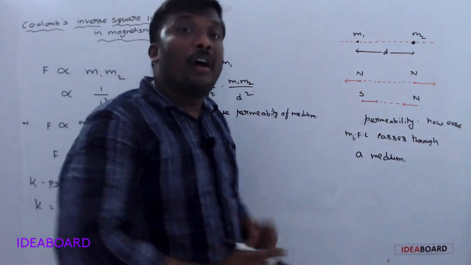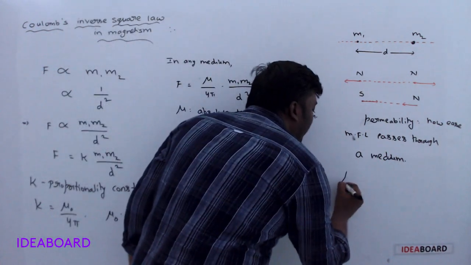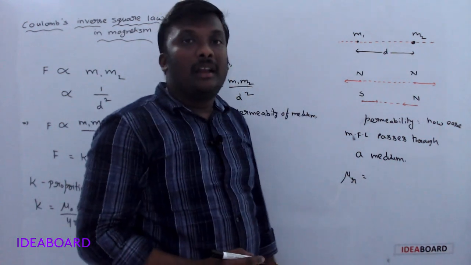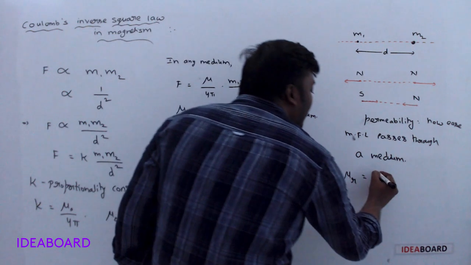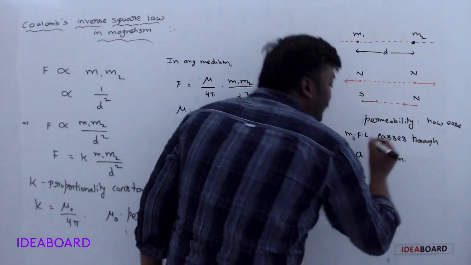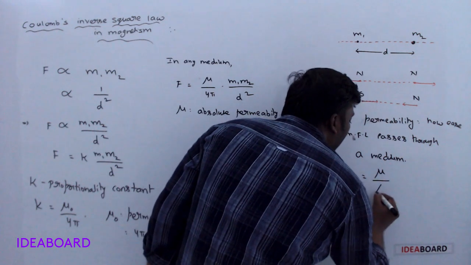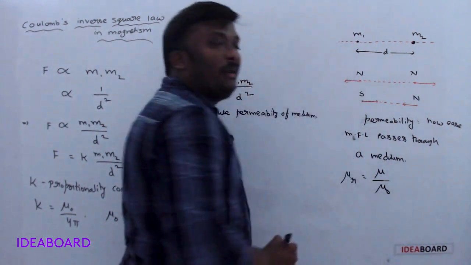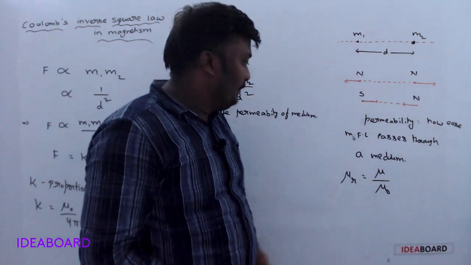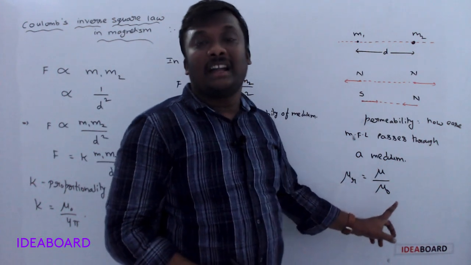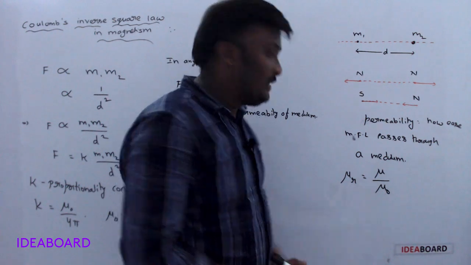We know the formula for relative permeability, indicated by mu r. Relative permeability is defined as the absolute permeability of the medium divided by the permeability of free space. It is just a ratio, so it does not have any units and dimensions.